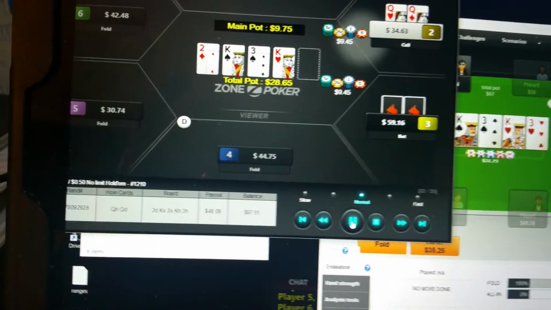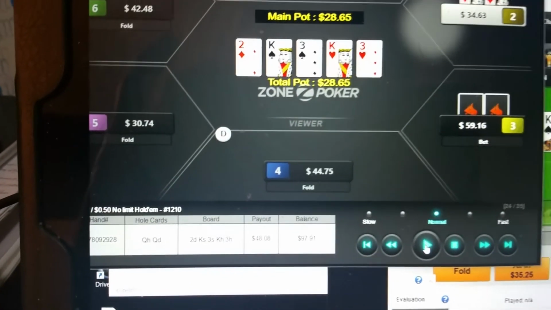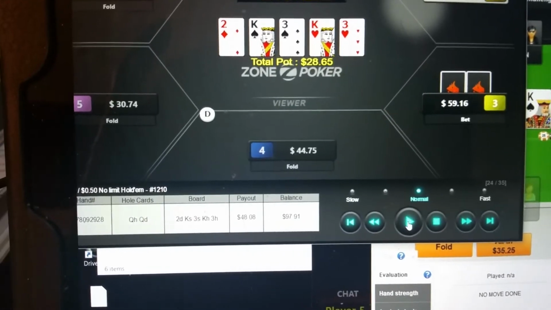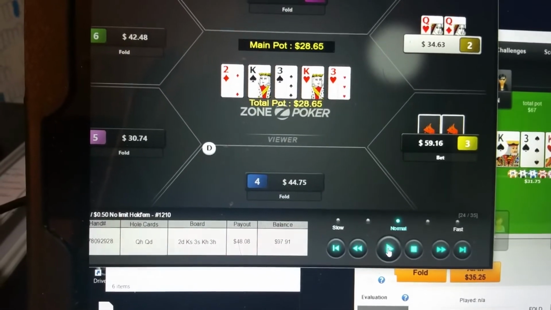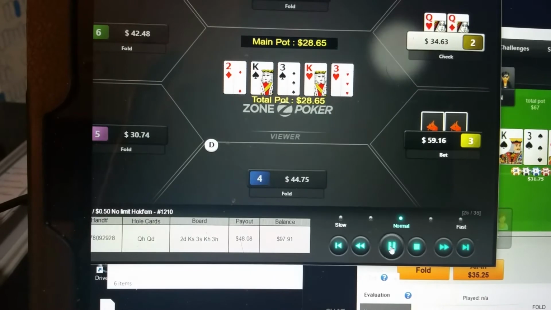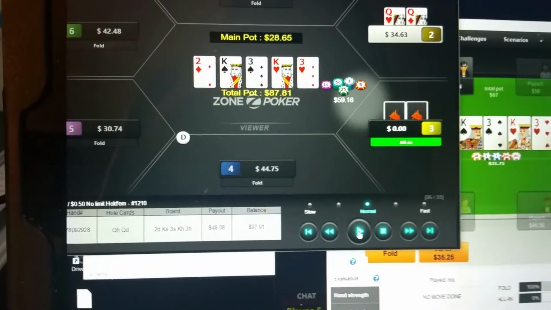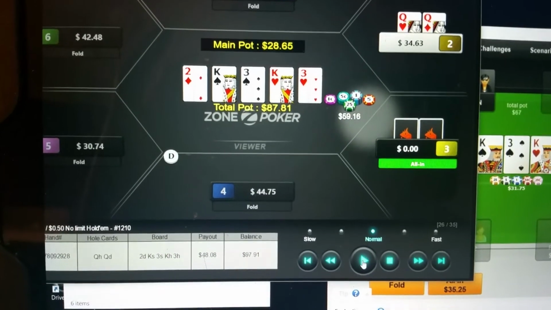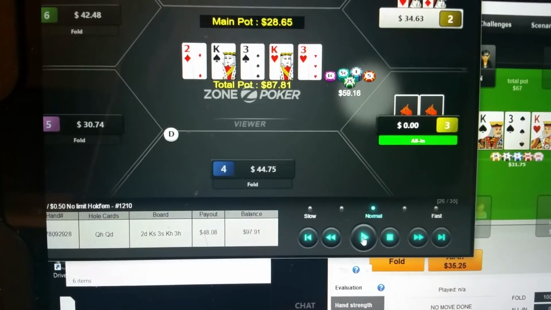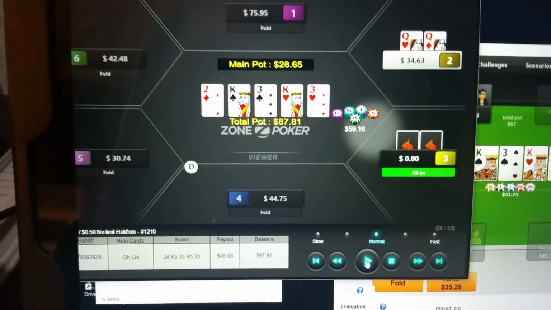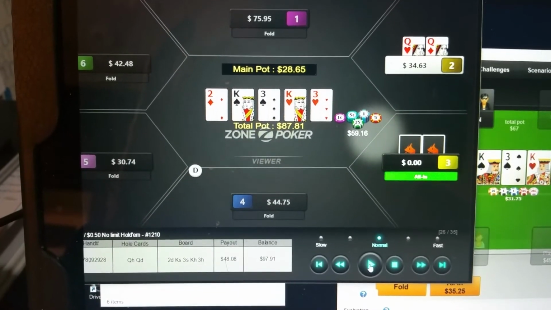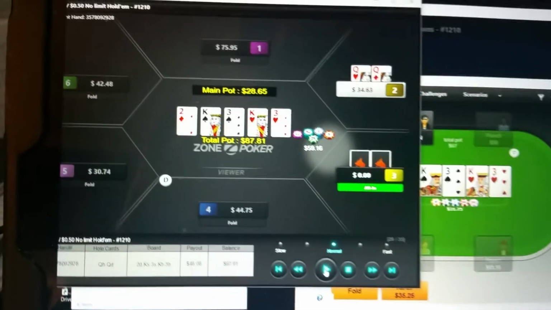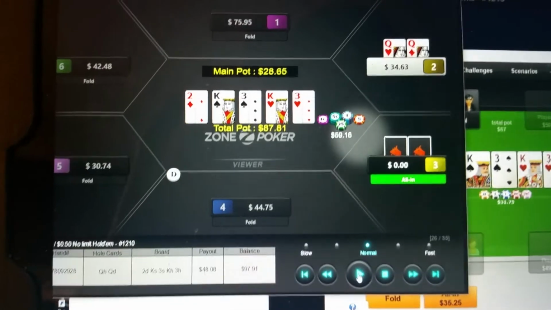On the turn I do call here, and then the river bricks as a 3 of hearts, so I check, and he puts me all in at $35, so I have to call. So I was supposed to fold here.